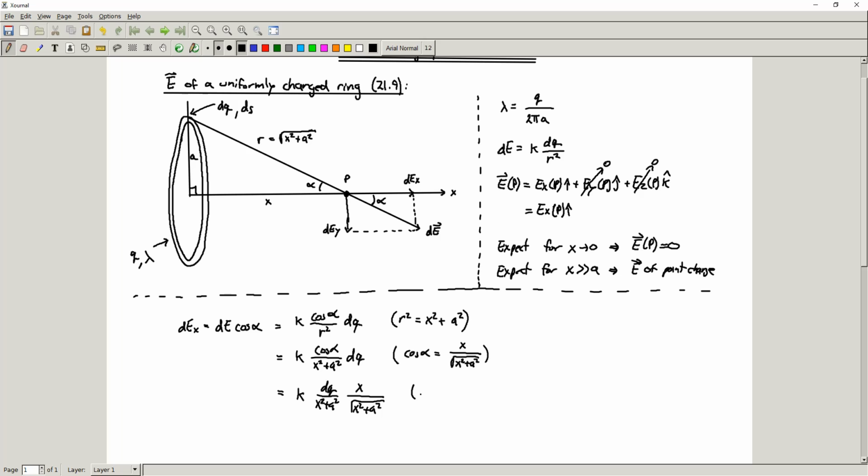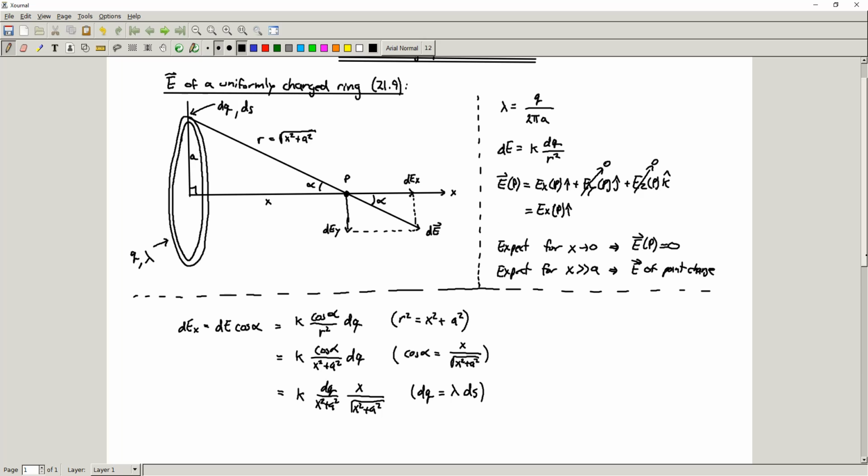We're going to write dq in terms of lambda, our charge density, times a small segment of length around the circle. Okay, so ds is very similar to what we used before, dy, right? We're kind of working our way around the circle, taking tiny little sections of length as we go around the circle, and those are our ds's.